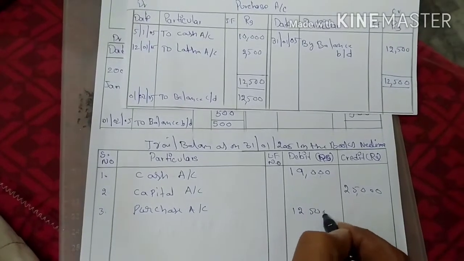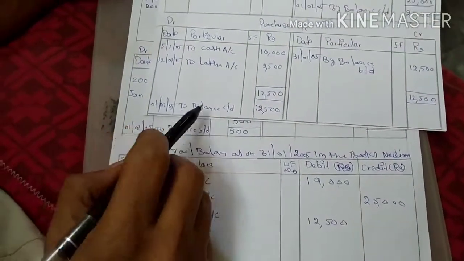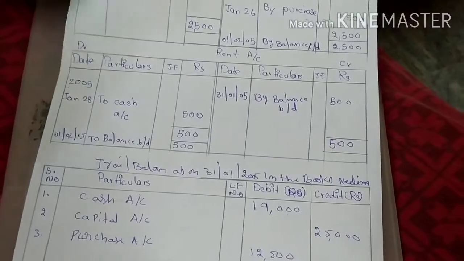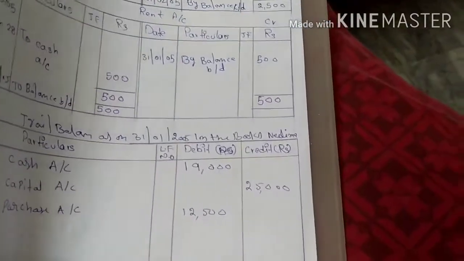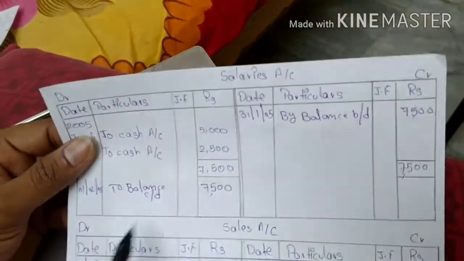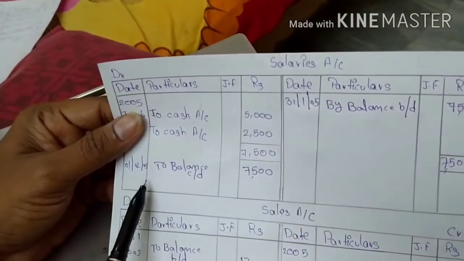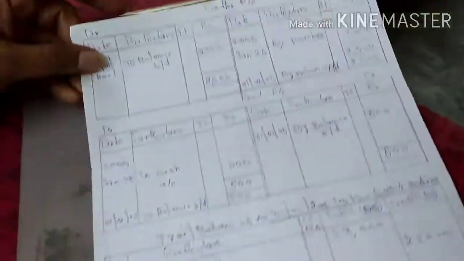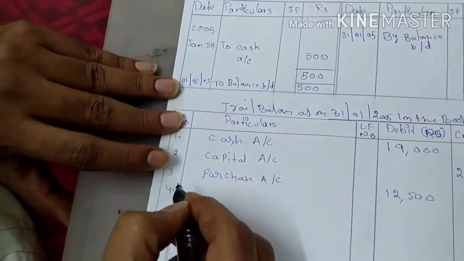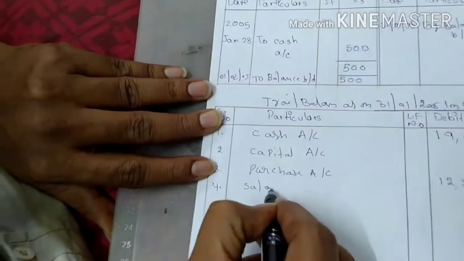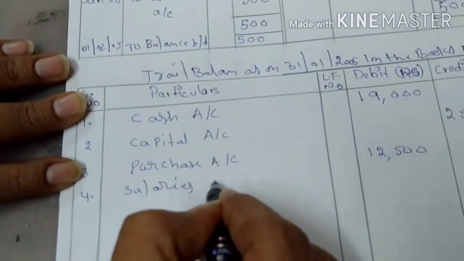You should remember that we should take only the February 1st date totals. Next, the fourth account will be the salaries account. Salaries account total is 7,500 on the debit side.